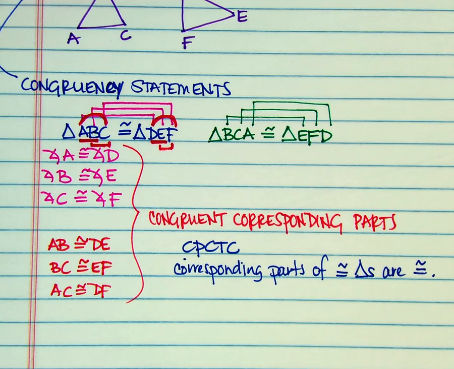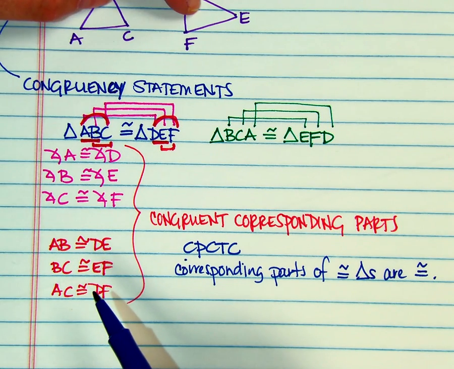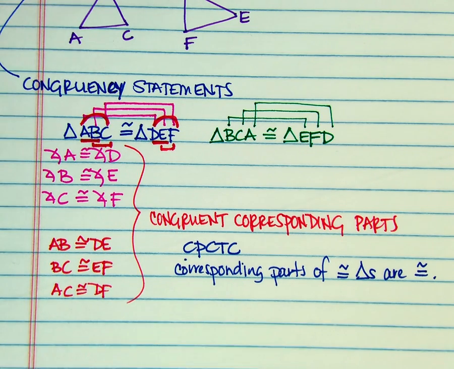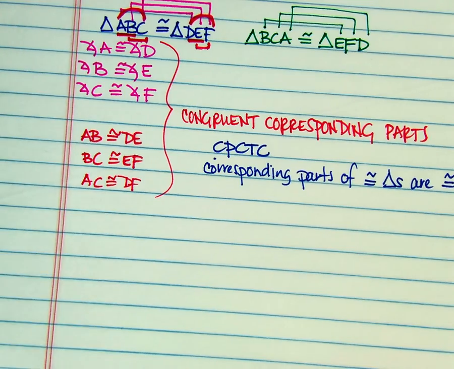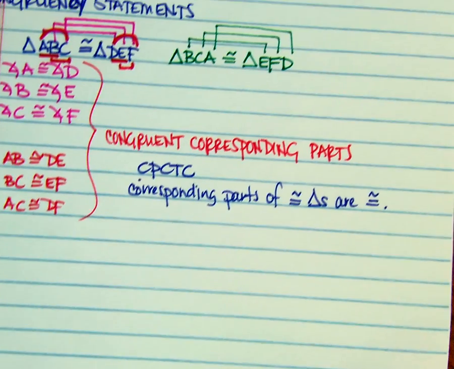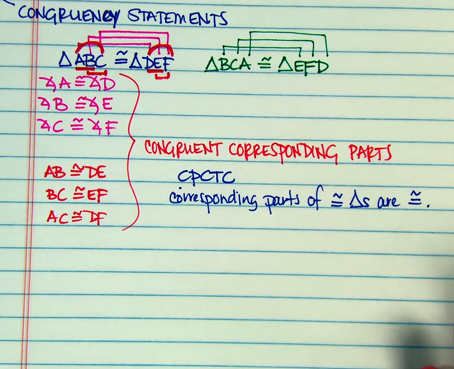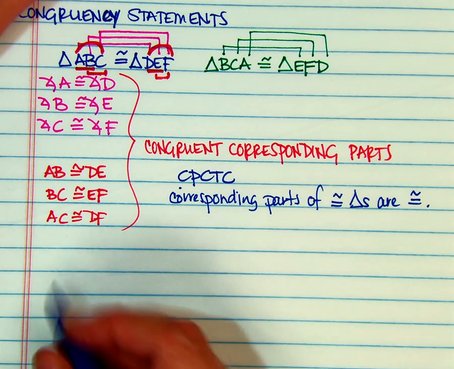So if you have congruent triangles, or congruent any figure, you know that all the corresponding parts are also going to be congruent. Keep in mind this does not have to be just for triangles.